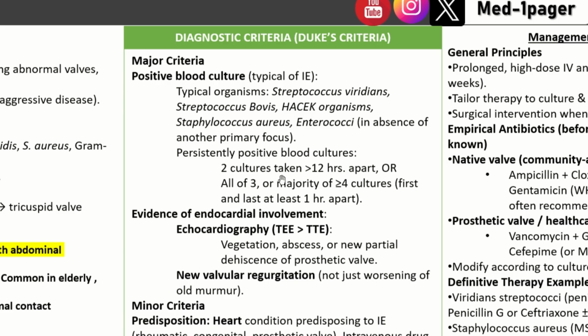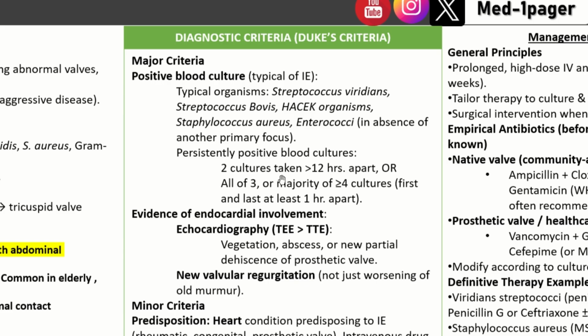And we have to make sure there's no other primary focus of these organisms. We don't have maybe an abscess going on somewhere, such and such. Then if it is not that, we have to have persistently positive blood cultures.